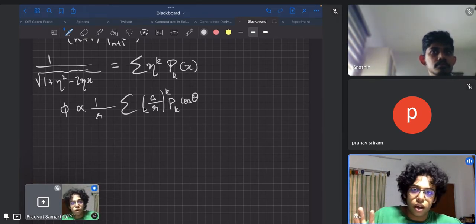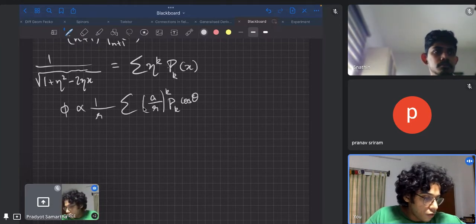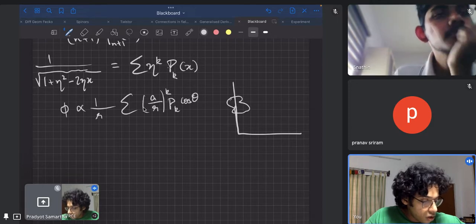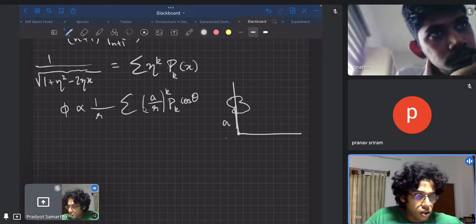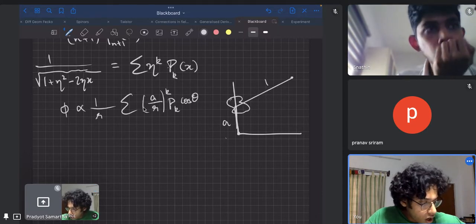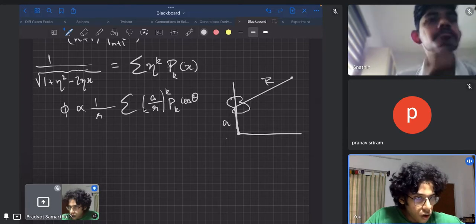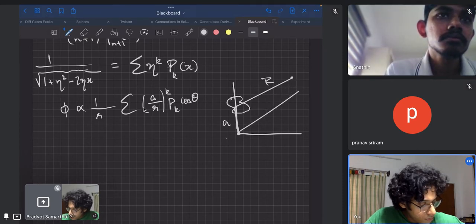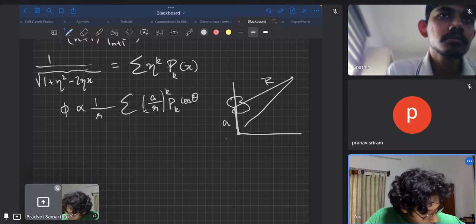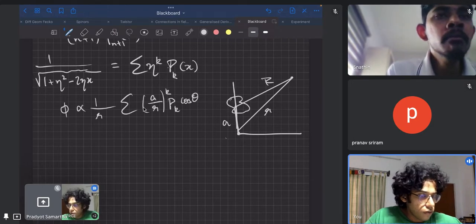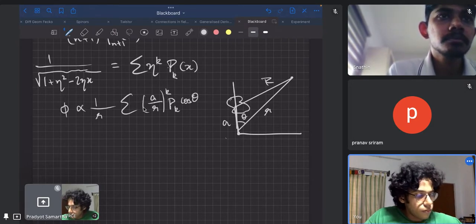Just to help you with this, let me give you the diagram. You have the charge density here, this is the origin, you have A here, and then you have R from the origin, and this is theta.